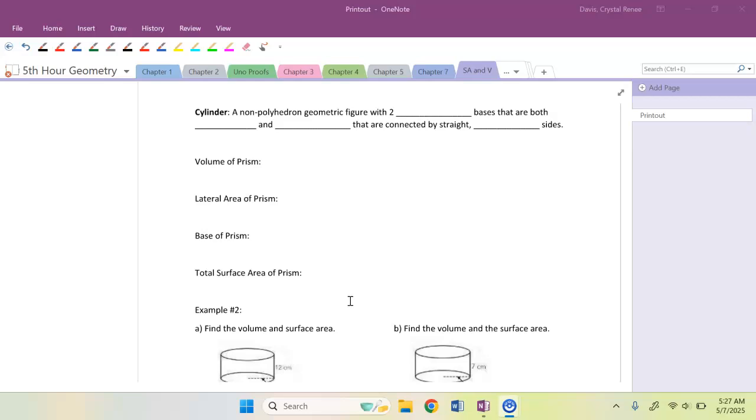By definition, a cylinder is going to be a non-polyhedron, and the reason it's a non-polyhedron is because it's not composed of polygons.